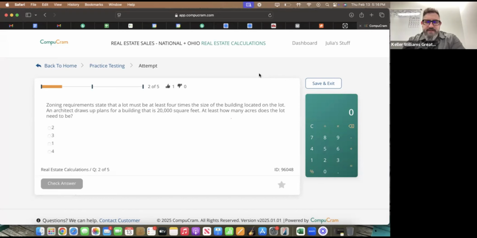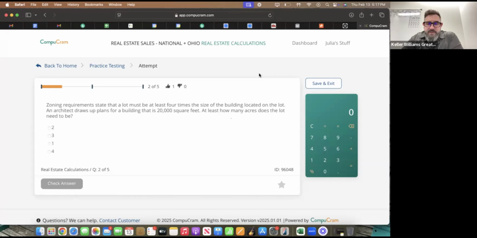So if a lot needs to be 4 times the size of the building and the building is 20,000, that means the lot needs to be how many square feet? At least 4 times 20,000, correct. So that'd be 80,000 square feet.